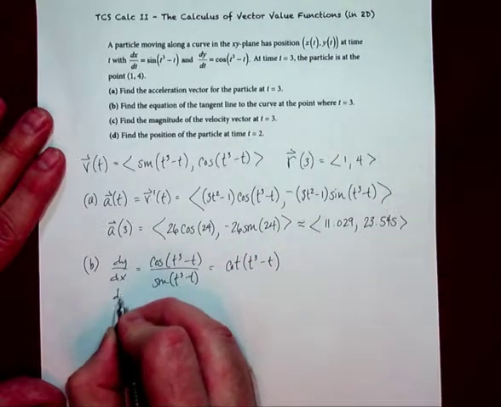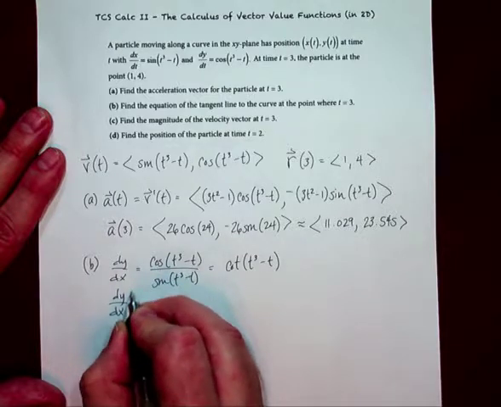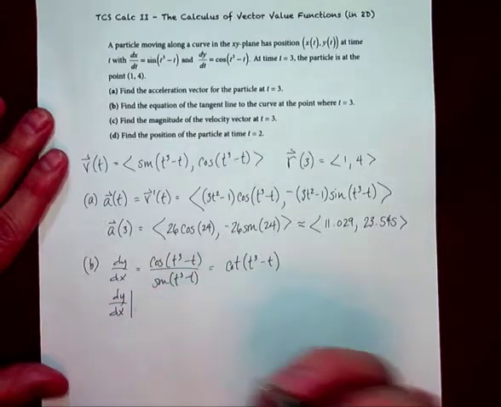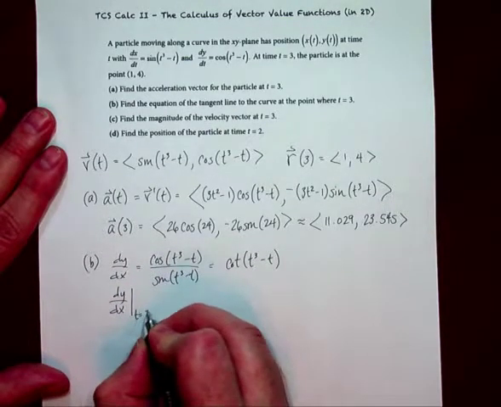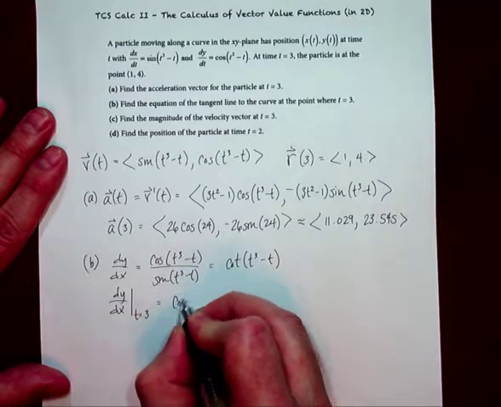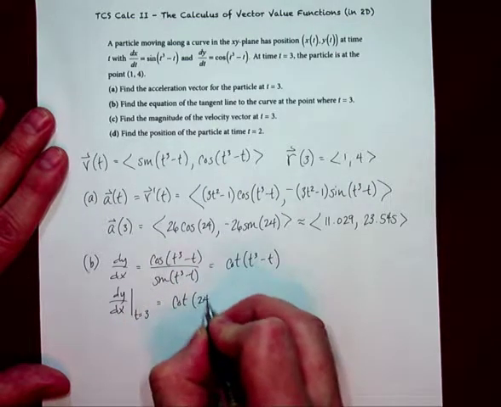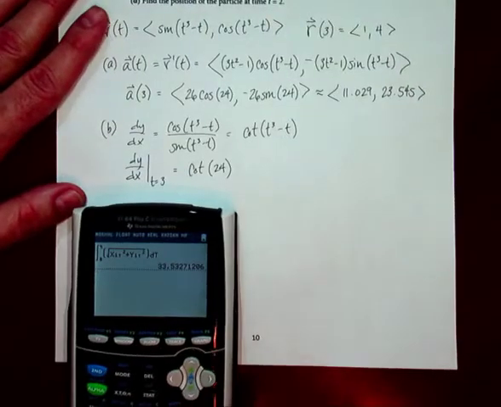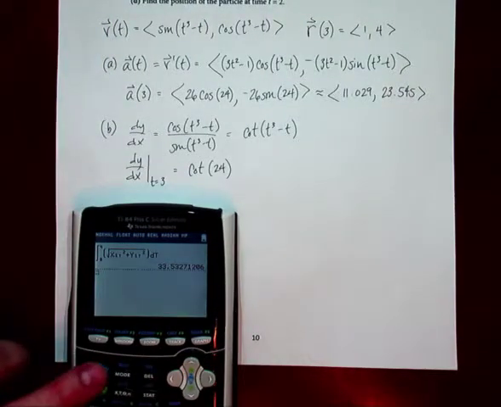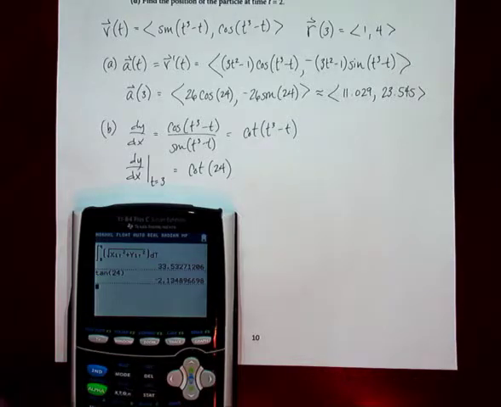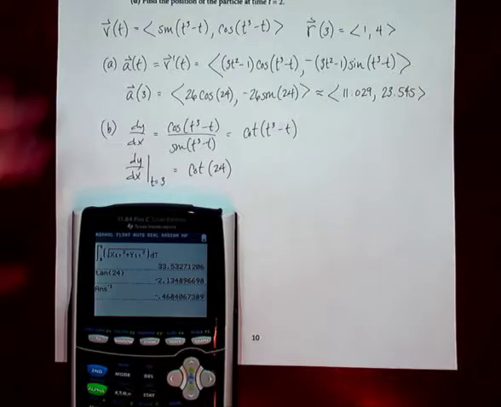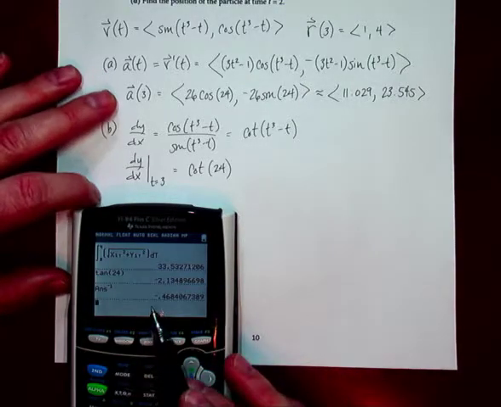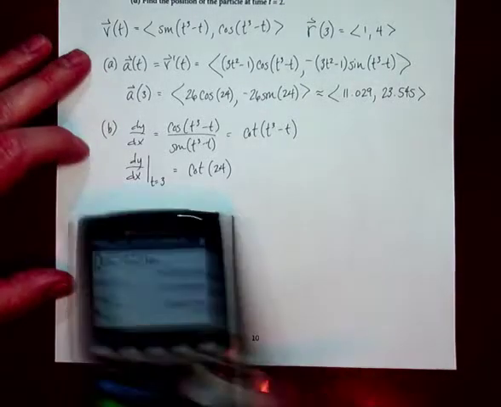If I evaluate that at time t equals 3, I'm going to get cotangent of 24. Now, you don't have a cotangent on your calculator, but you can do tangent of 24 and then simply take the reciprocal, and you're going to get negative 0.468.